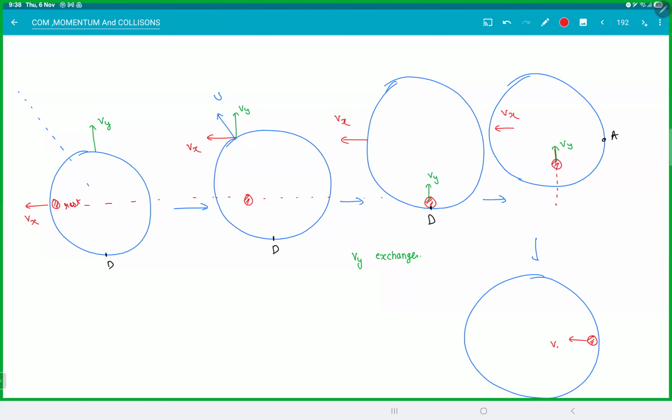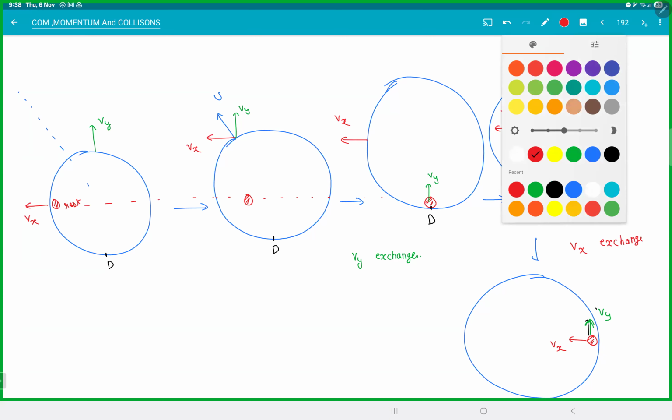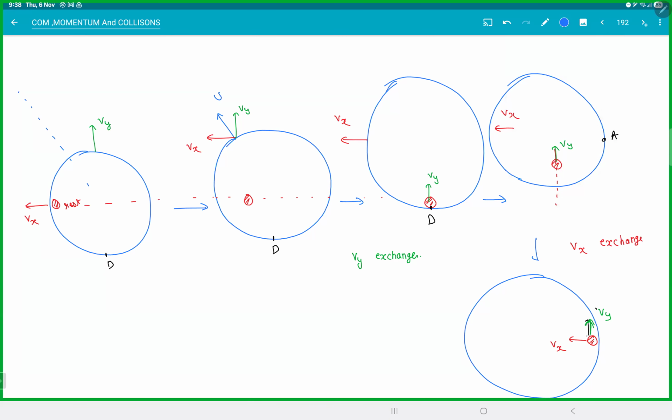You'll get back your Vx and you'll get back your Vy. So here Vx gets exchanged. And now again, this will continue its motion towards B. And this will just keep happening forever. Is this picture clear, everyone?